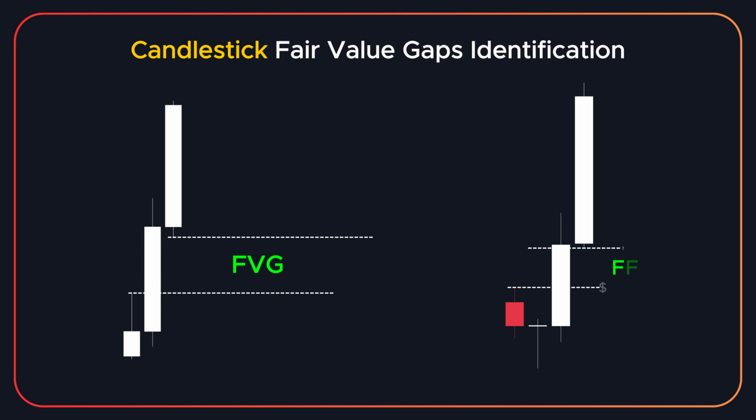But if we ignore this red candle and draw our fair value gap like this, then our highlighted fair value gap will be considered invalid. The same concept applies for the bearish scenario. And these fair value gap rules can be applied to various time frames and any price action-based chart.